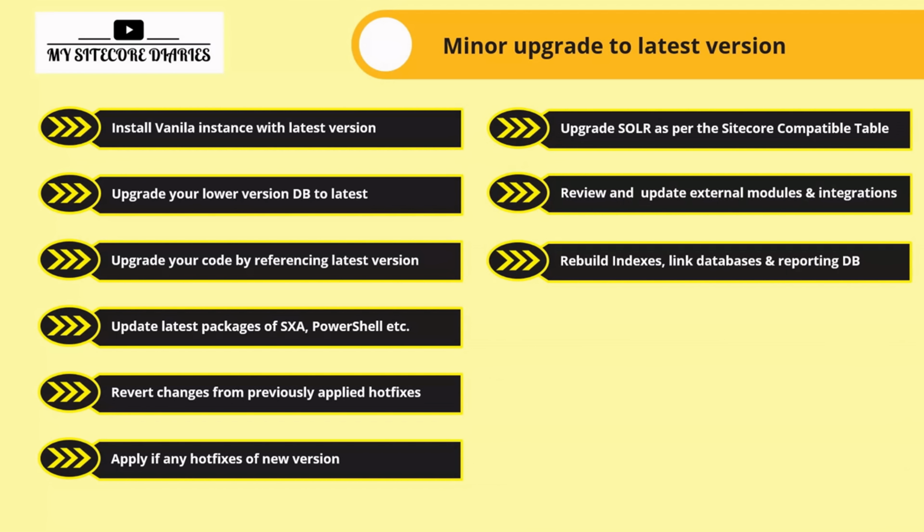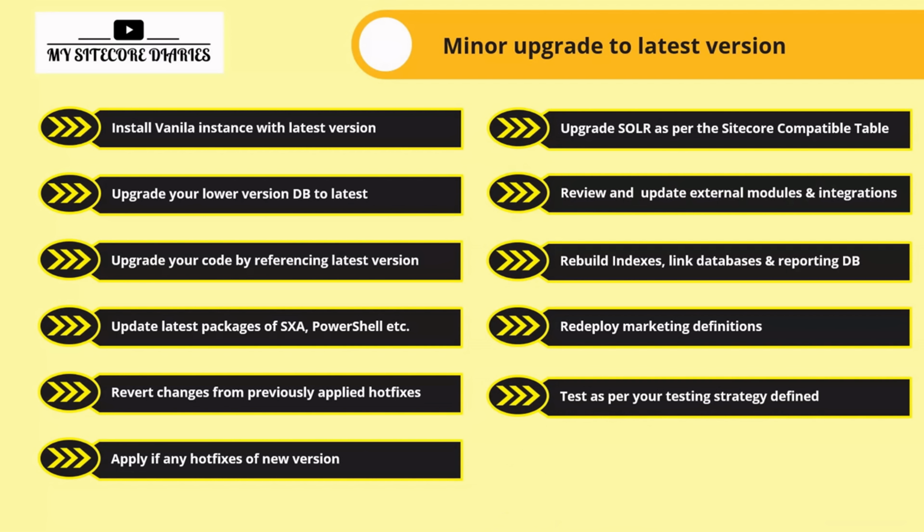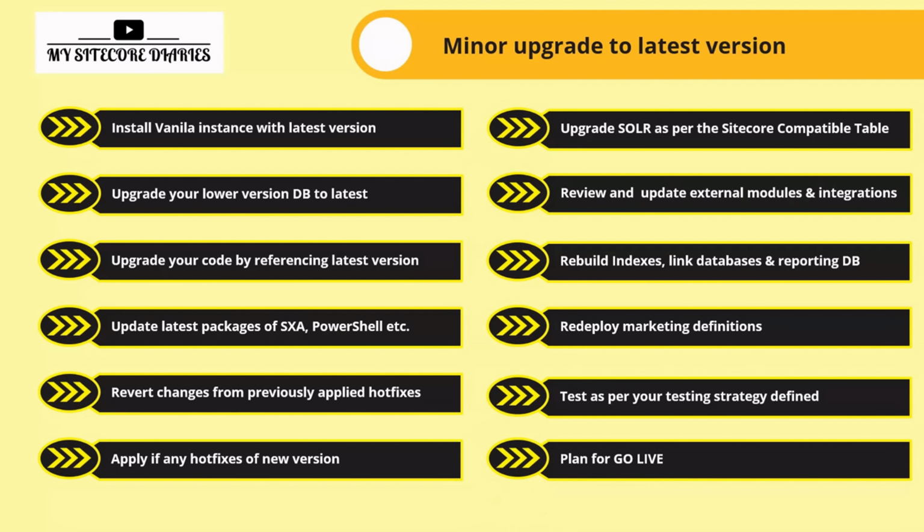Once everything is done, rebuild the indexes, link database, and the reporting DB. Redeploy marketing definitions. Then, as per your testing strategy, you can test your application, finalize it, and finally plan for a go live.